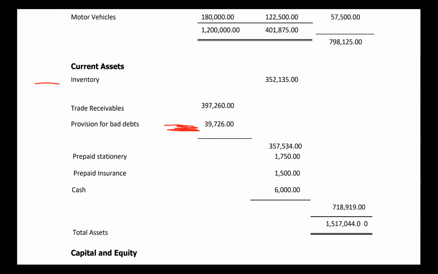So hold on. When we calculated the provision for bad debt, I think we had found 9,726. So if it was a reduction, we could have added it to 397. That's what you mean. Okay, check. The recoverable debt, you have got the first recoverable debt, right?